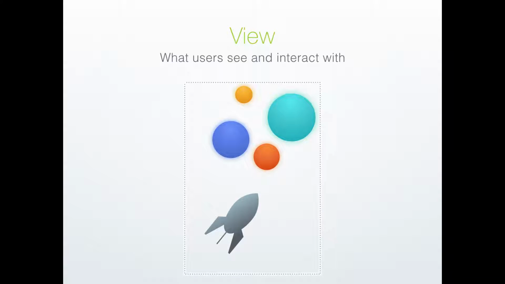So this is our view, and our view is actually just what the users see and interact with. Like I mentioned, what do we see? We see a rocket and a planet, right? But actually, these aren't real rockets and not real planets, obviously. They're representations of a rocket and planet. And we don't actually touch the rocket.